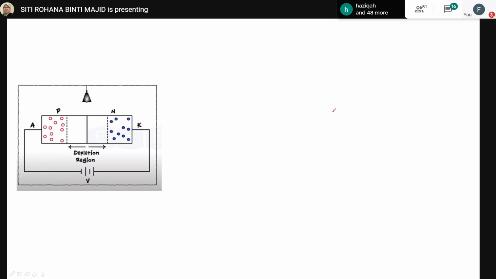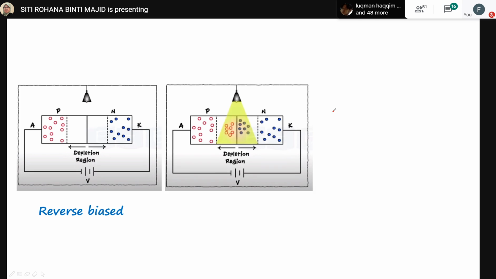and how do they do that? In reverse bias, if we supply the voltage of the power supply to this PN junction, the negative terminal goes to P, and P contains a lot of holes.